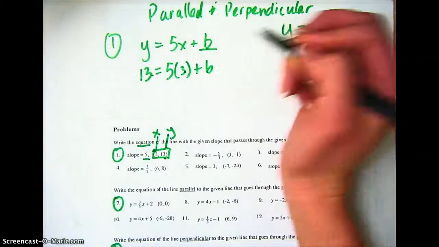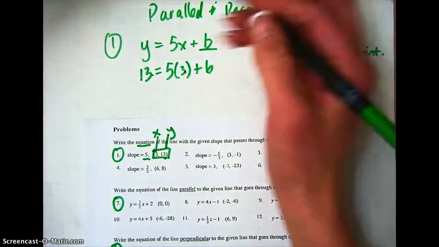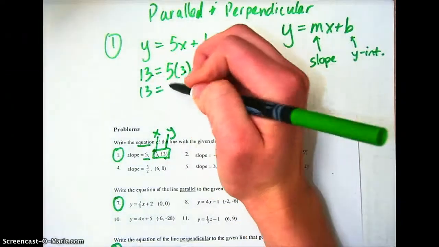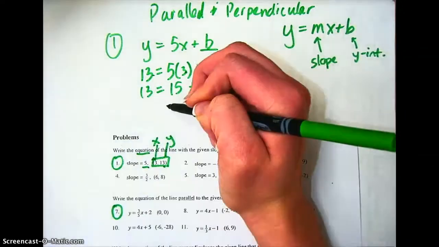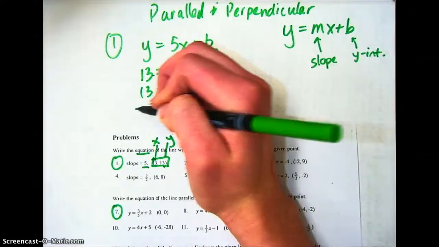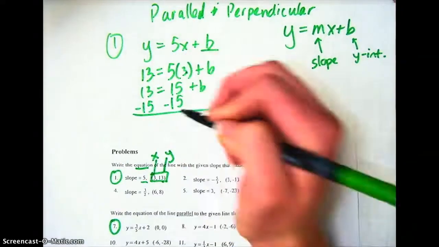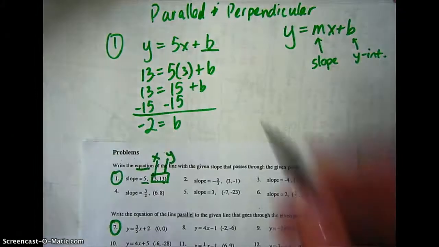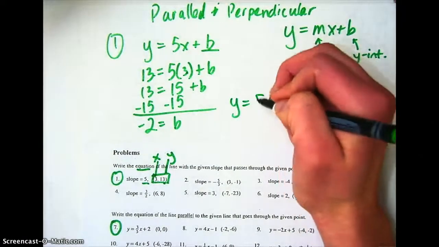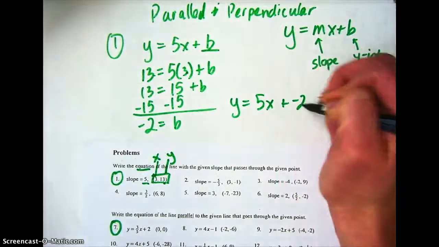So what I'm going to do is figure out what b makes this rule work. So I get 13 equals 15 plus b. Solving for b, I'll subtract 15 from both sides, and I get b equals negative 2. So my rule for number one is y equals 5x plus negative 2.